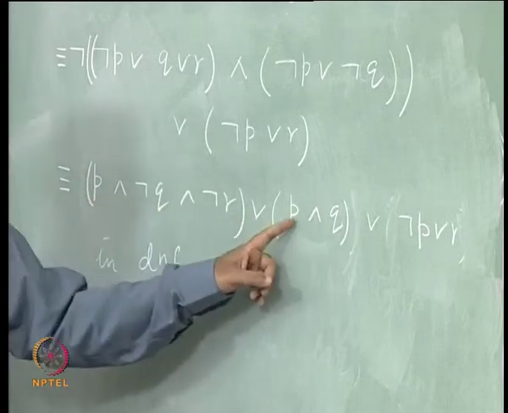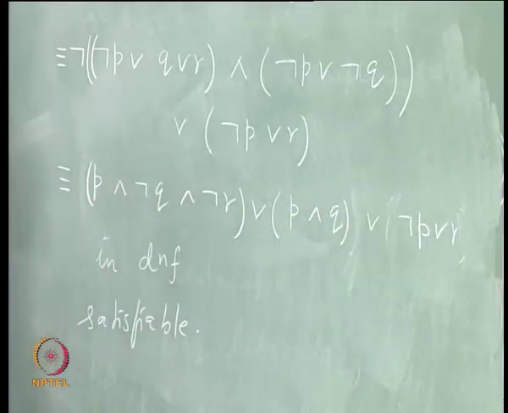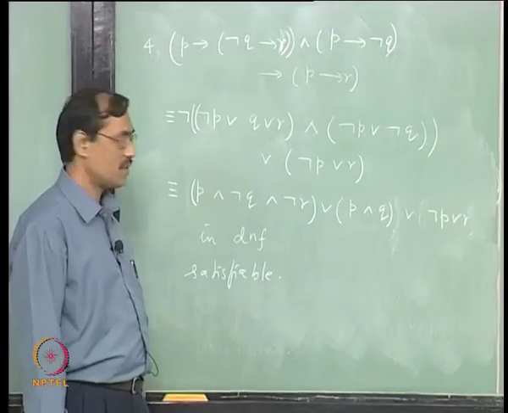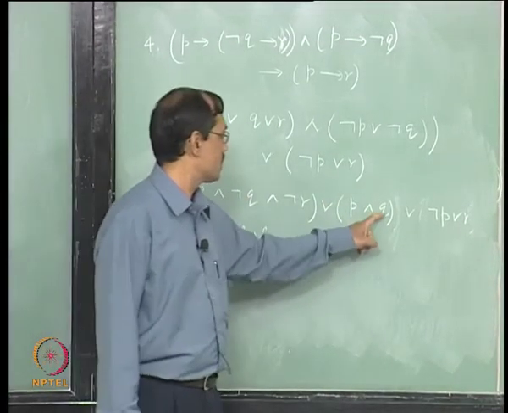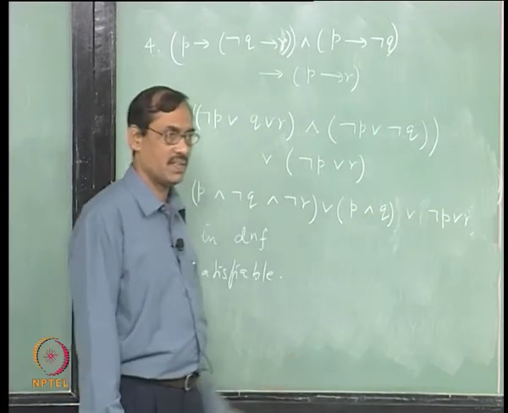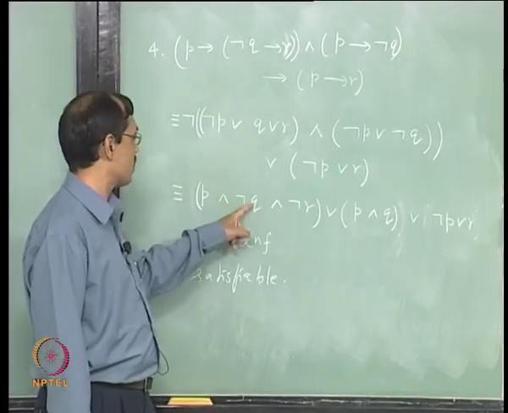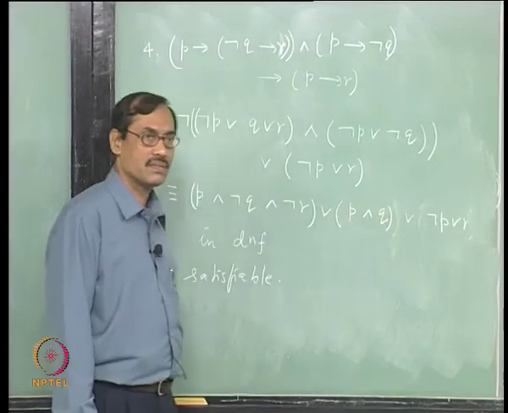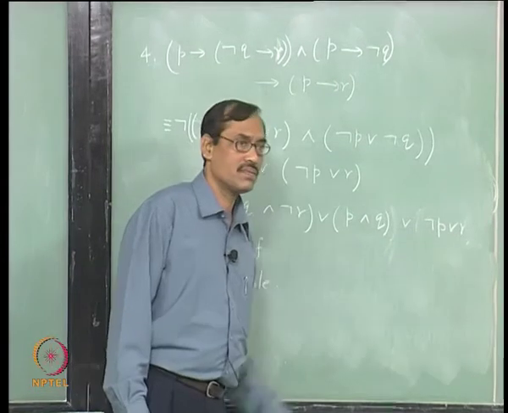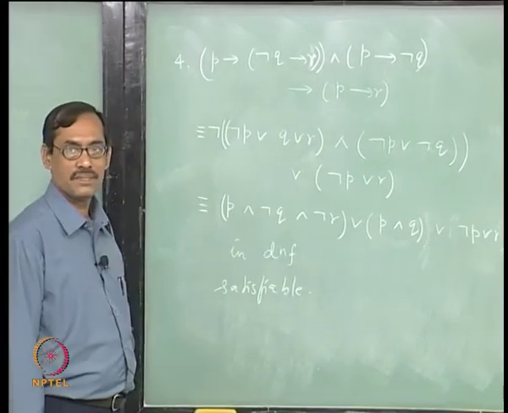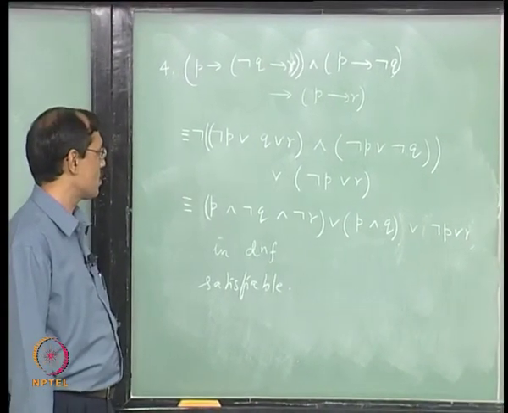P, not P, that clause is gone, equivalent to top. Then P, Q, not P, once not P is there, P is gone. So, you check the next, not Q with Q will give top, and similarly not R with R will give top. So, that will become valid. You can simplify also.